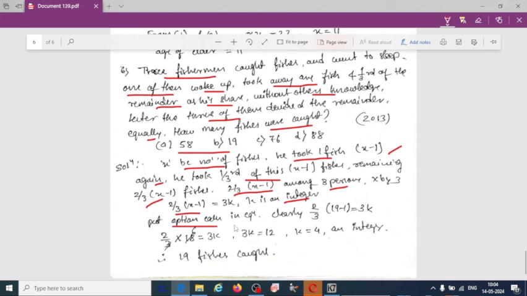So put each option in equation 1. If we equate LHS and RHS, they must become equal. Then if we substitute, the value of k will be 4. That means 19 fishes were caught. Option B is correct.